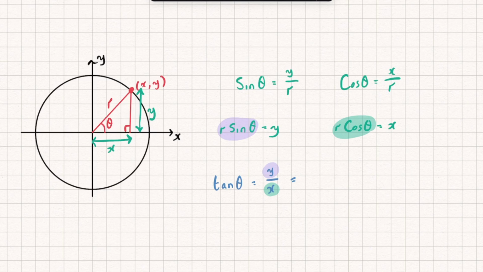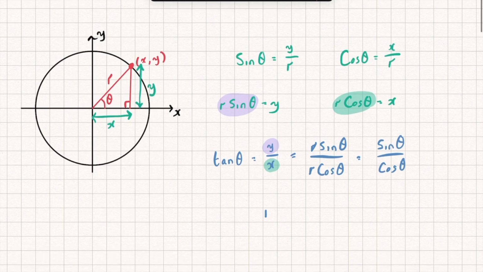So tan of theta is equal to y, which is r sine theta, divided by x, which is r cosine theta. And hopefully you can see these r's are now going to cancel out with each other, and we end up with sine of theta over cosine of theta. And so this is our trig identity, which says that tan of theta is exactly the same as sine of theta over cos of theta.